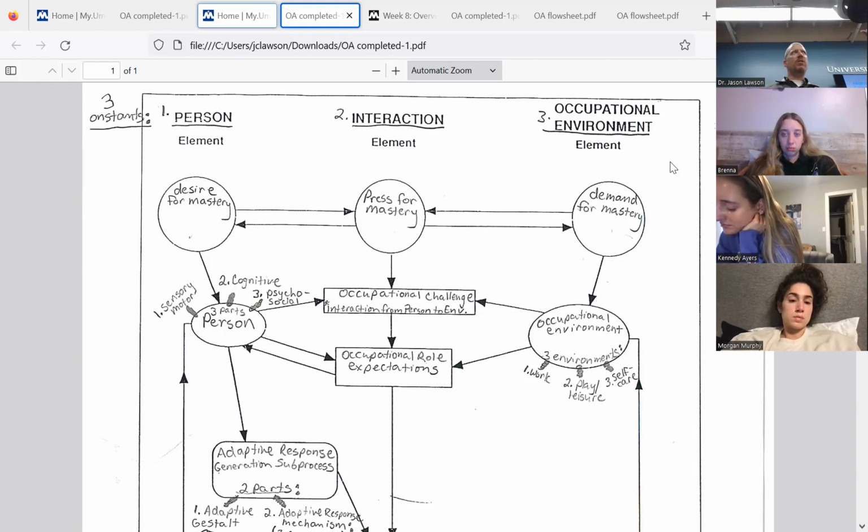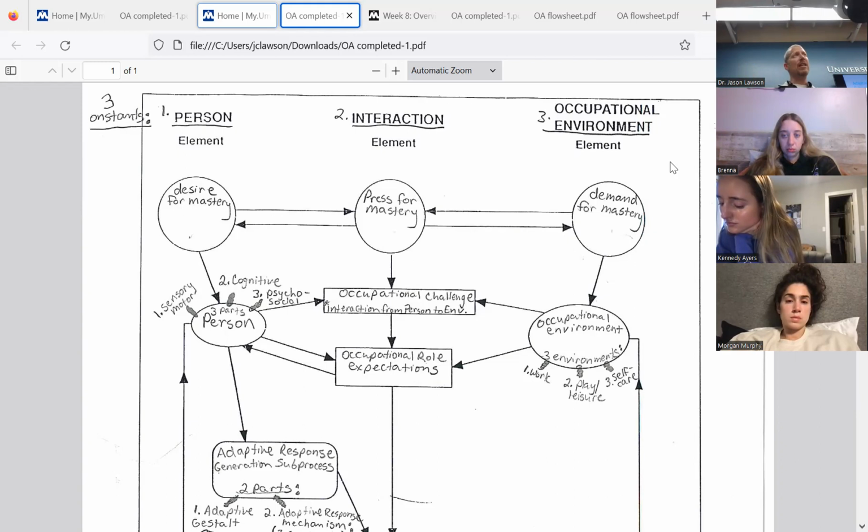So we're kind of working on two sides, right? So as a person, if we have sensory motor skills, cognitive skills, and psychosocial skills, and we're using those skills in our environment, that interaction is going to cause us to have an occupational challenge. Okay, and so that's where the rectangle is below the press for mastery. Okay, so there's an occupational challenge by maybe I don't have good sensory motor skills, or maybe I don't have good cognitive skills.